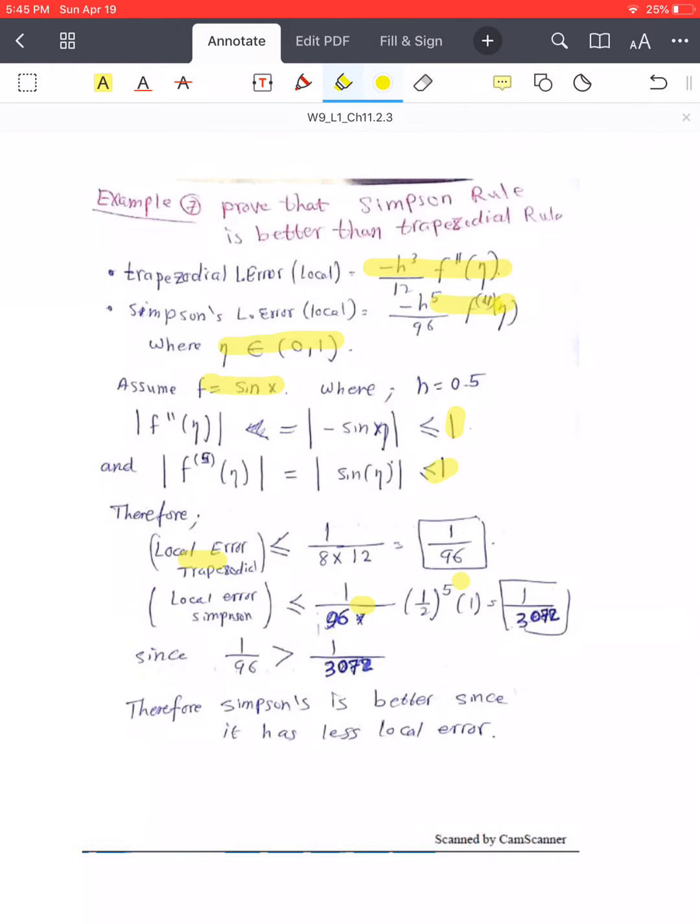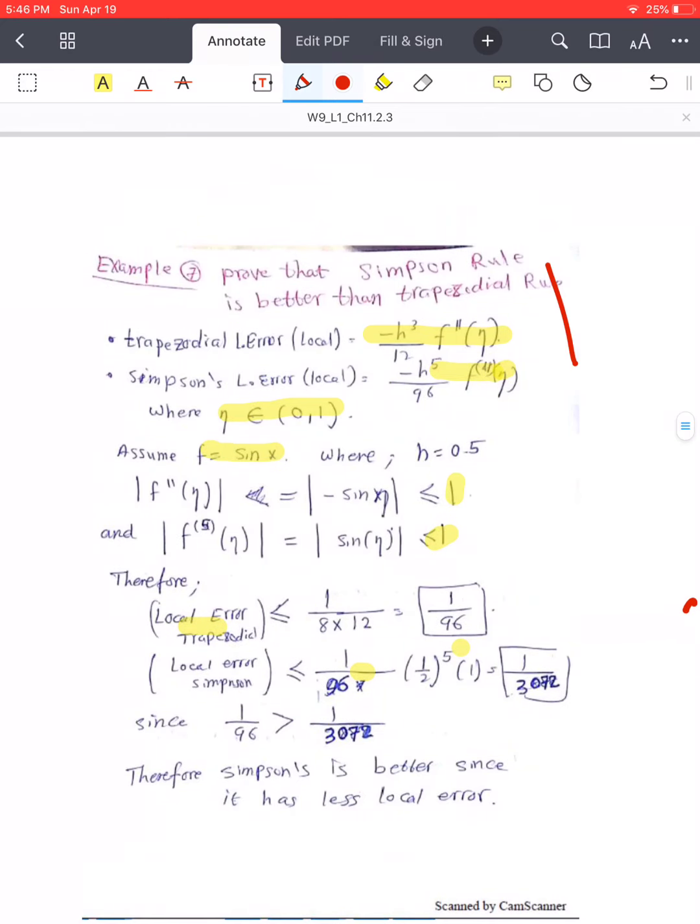But I think here we can see this one because we are integrating from 0 to 1. So h for trapezoidal rule is really 1 minus 0. So this one I think is wrong here. No need to write 8. So the answer is 1 over 12.